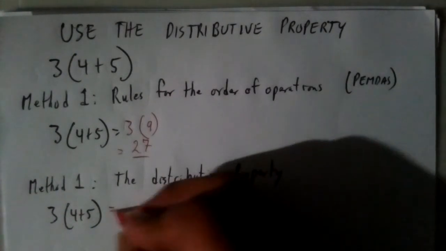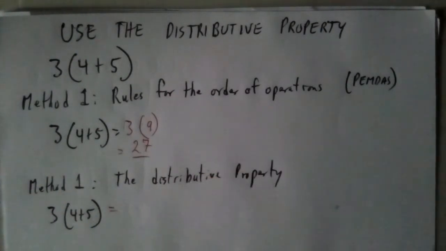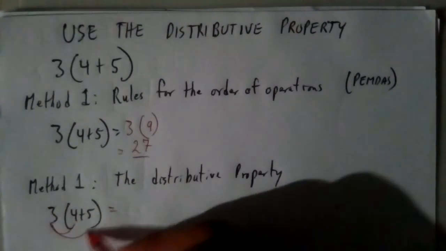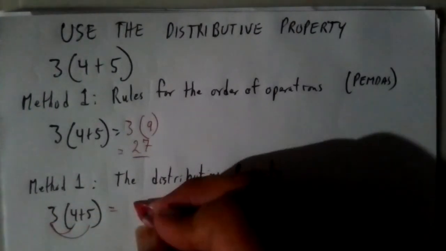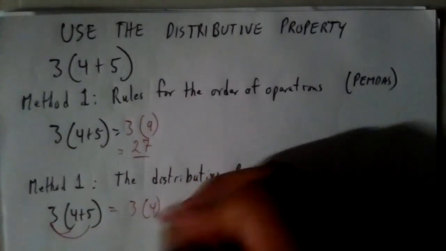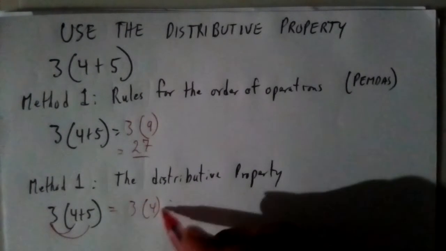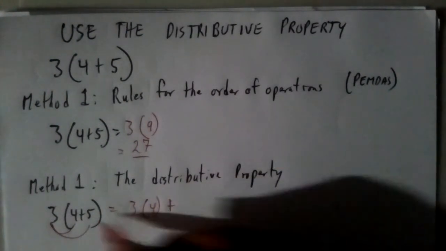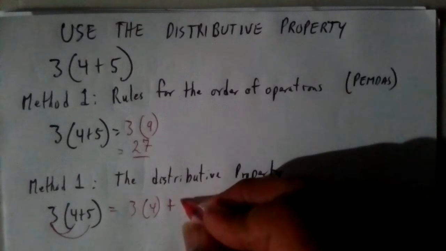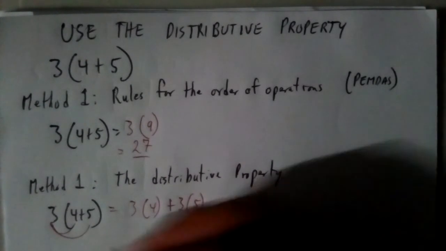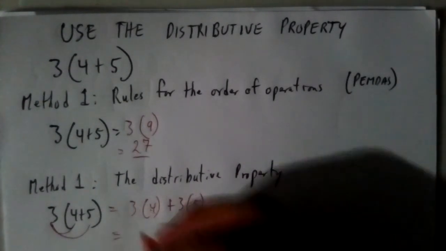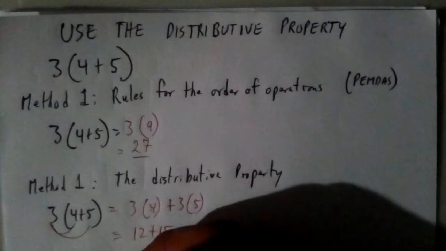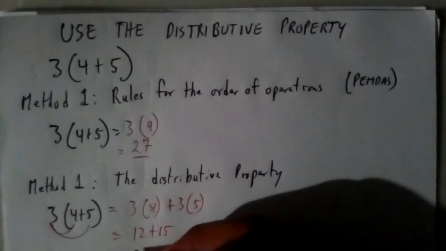So by applying the distributive property, this is what you will do: 3 times 4, 3 times 5. So we end up now with 3 times 4. This operation, you will put it here. So if this was minus, you're going to put here minus, or in other words, subtraction or difference. 3 times 4 is going to give me 12, plus 3 times 5 is going to give me 15. 15 and 12 is going to give me 27.